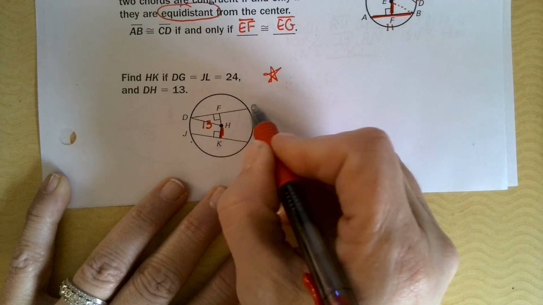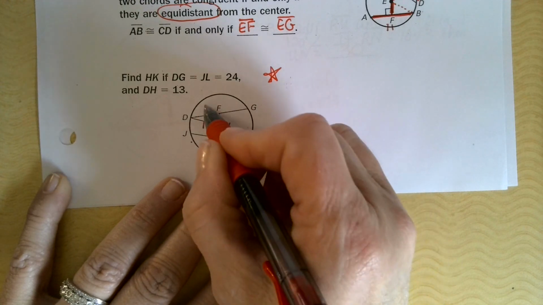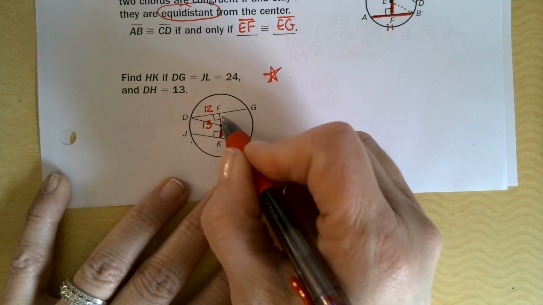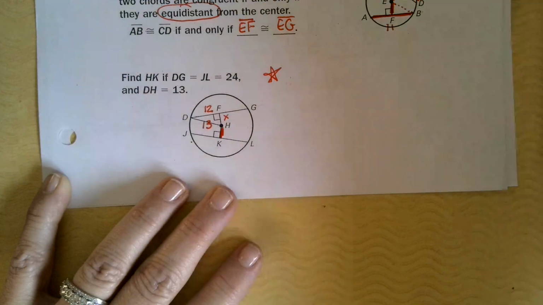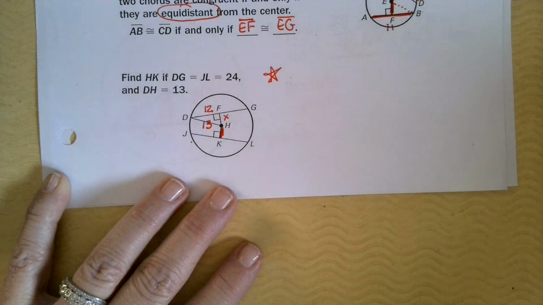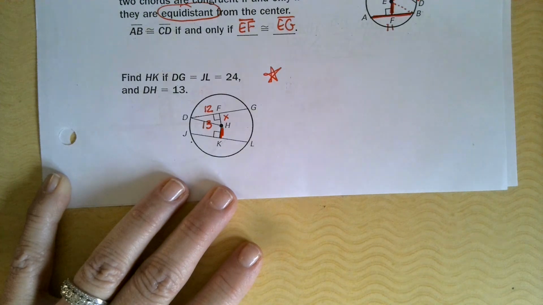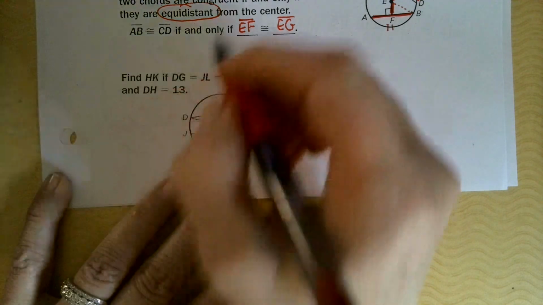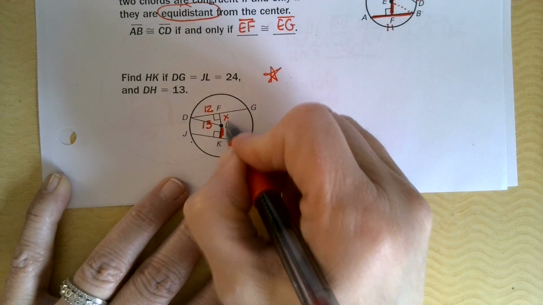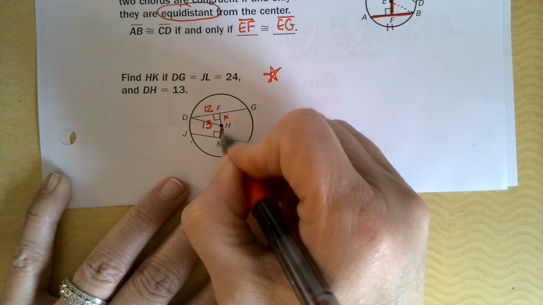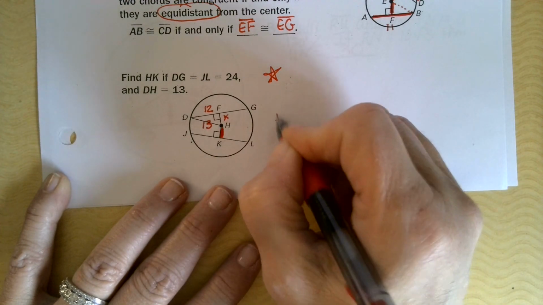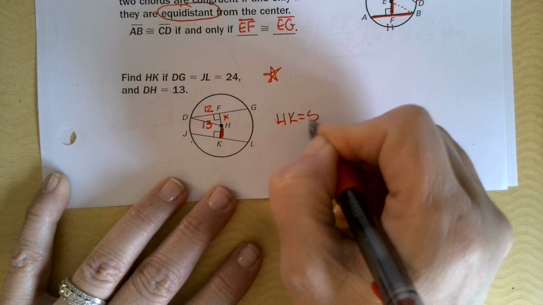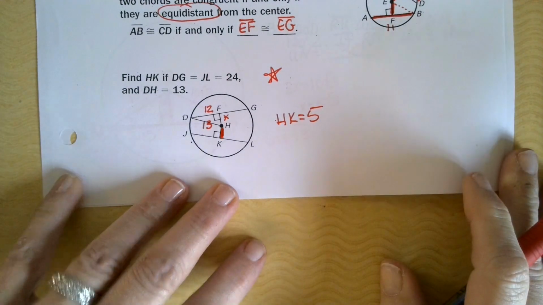This is 24, meaning this is 12. What is this value here? If you put 5, you are correct. You should have got that was a triple. You should not have had to do the Pythagorean theorem. So if this piece is 5, then this piece is 5. HK equals 5. All right, we are all done with the notes.